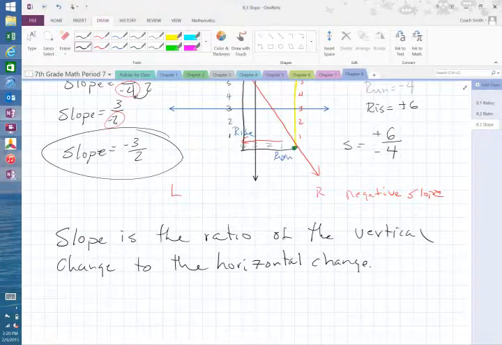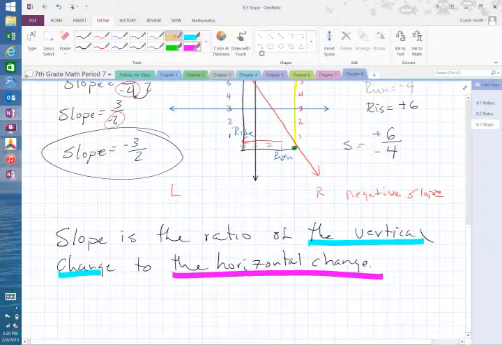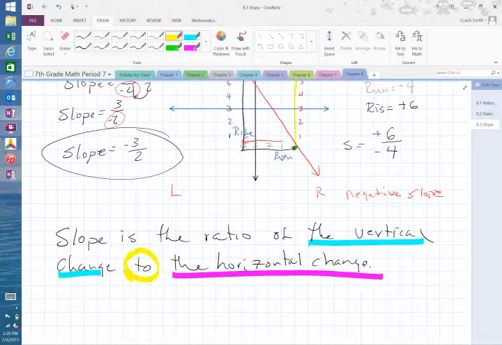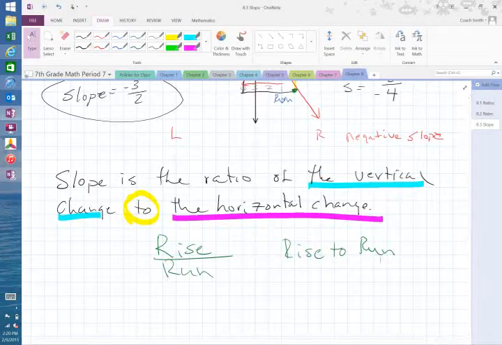So you have the vertical change and the horizontal change, and there's your two that we talk about as a ratio. Okay, and that is where they get the formula rise over run, or rise to run.